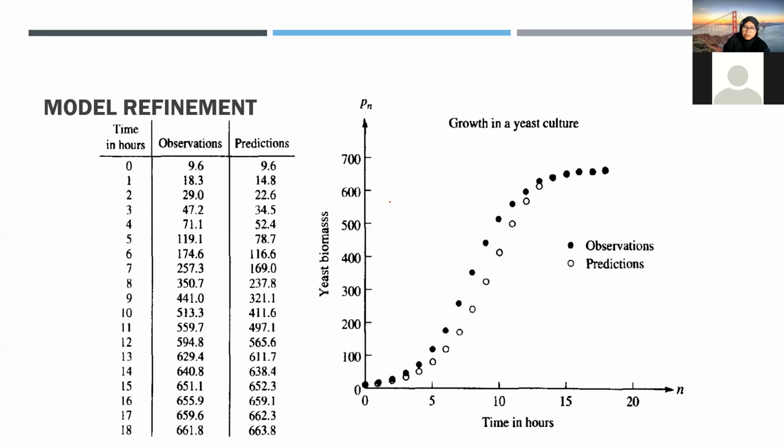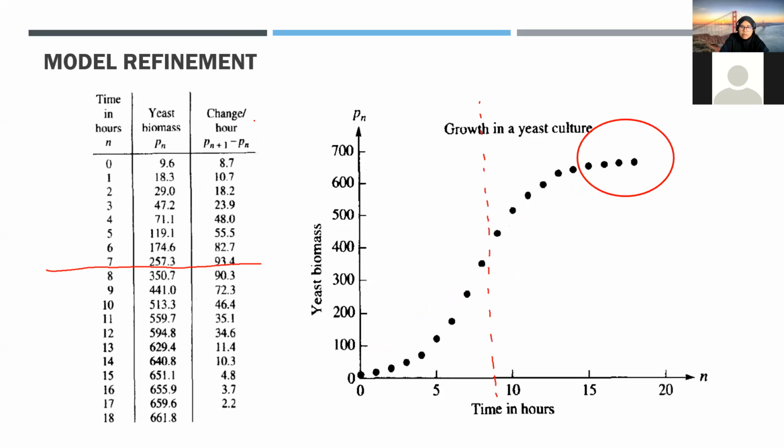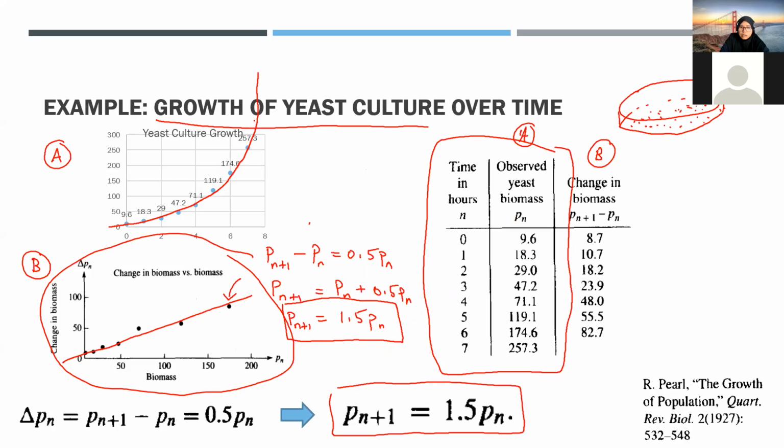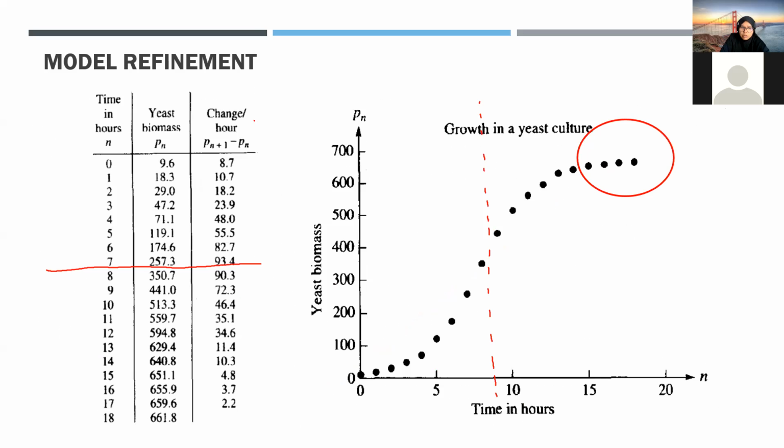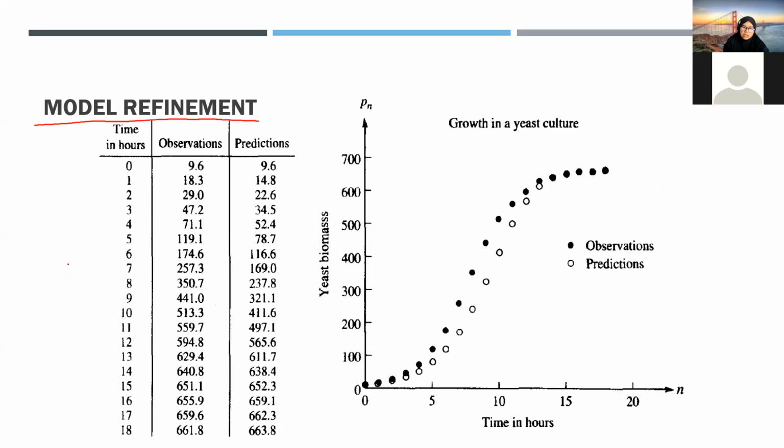So if you do something like this and you just the model refinement, so refine. So if you go back to right here, first of all, this is from your simplification by assumption. And if you take more data to refine your problem or your model, and then you can see the difference.